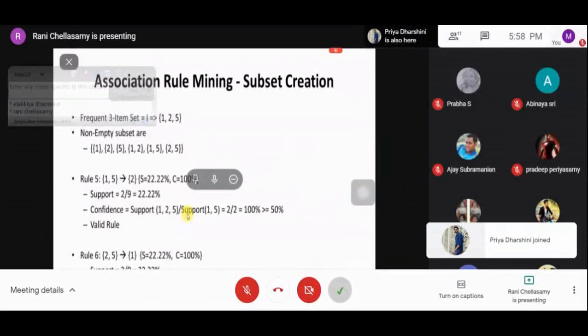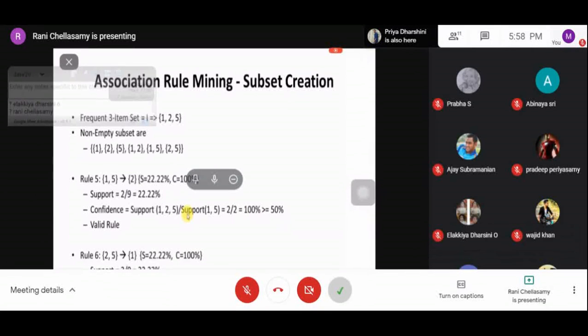After finding all these, you have to go for framing the association rules. So how to frame it? S implies I minus S. With this, you calculate the non-empty subsets, and find how many rules can be obtained from the non-empty set.